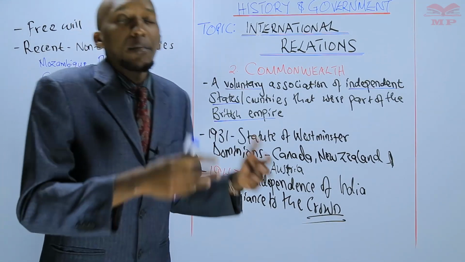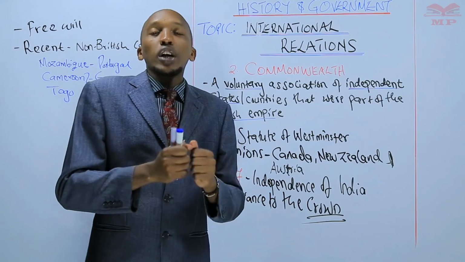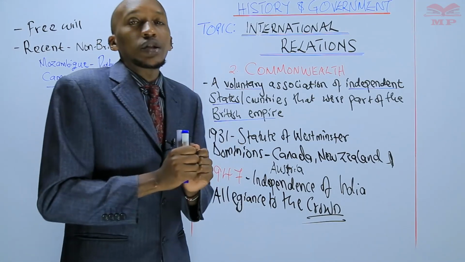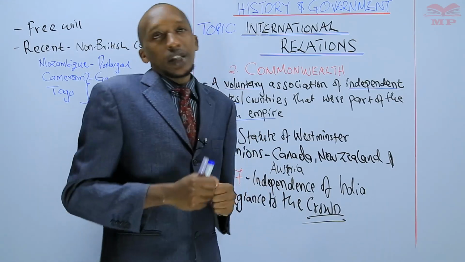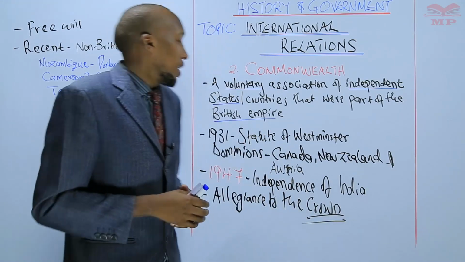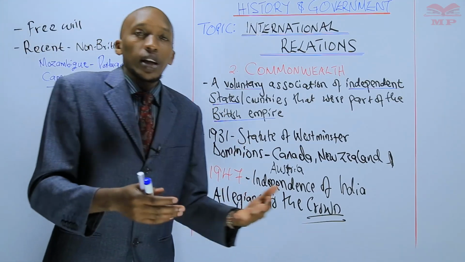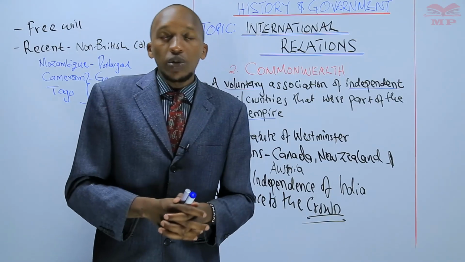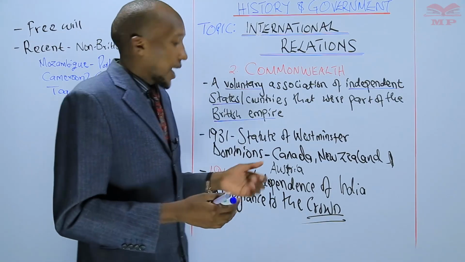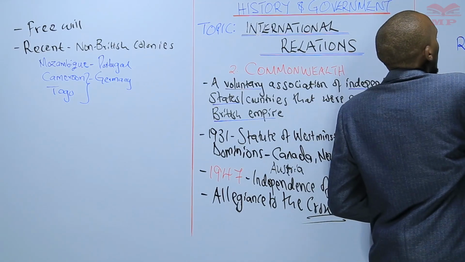Members are free; they join voluntarily. They are not forced to join. We have also said that they are welcoming non-British colonies to join, and we have given examples. As we end our lesson, allow me to give you a revision question.